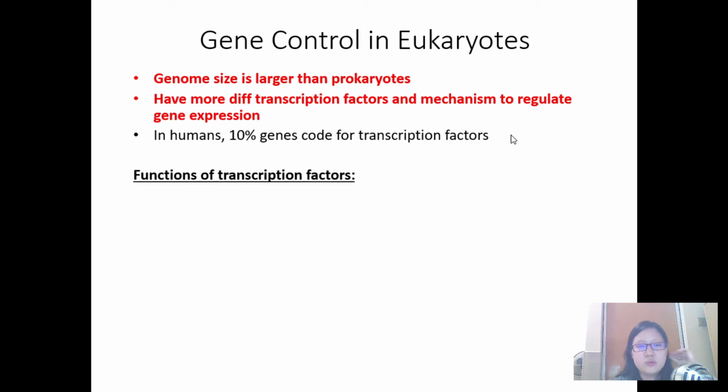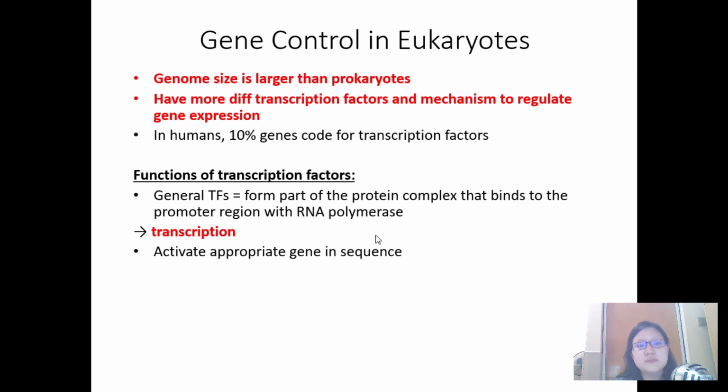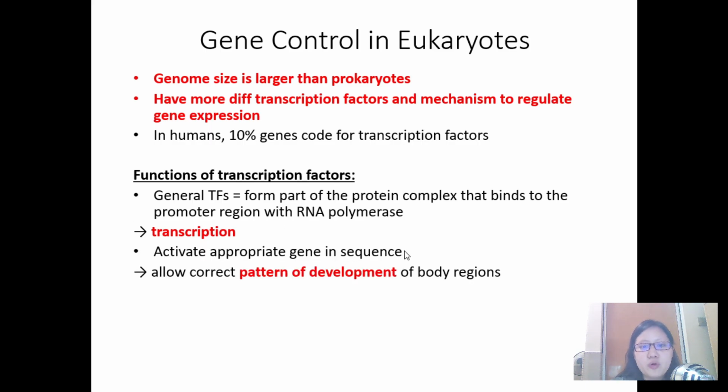Now, what does it do? Well, it binds with the promoter region on RNA polymerase. It can recruit RNA polymerase and encourage transcription. It can activate an appropriate gene in sequence and allow the correct pattern of development of body regions.